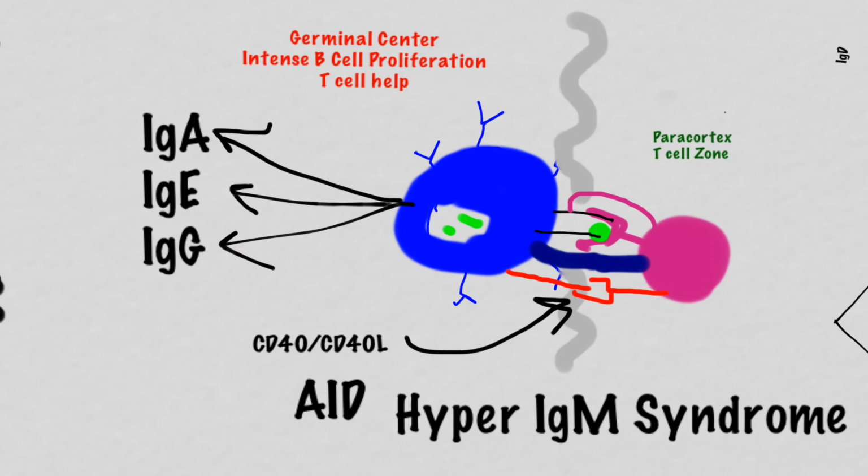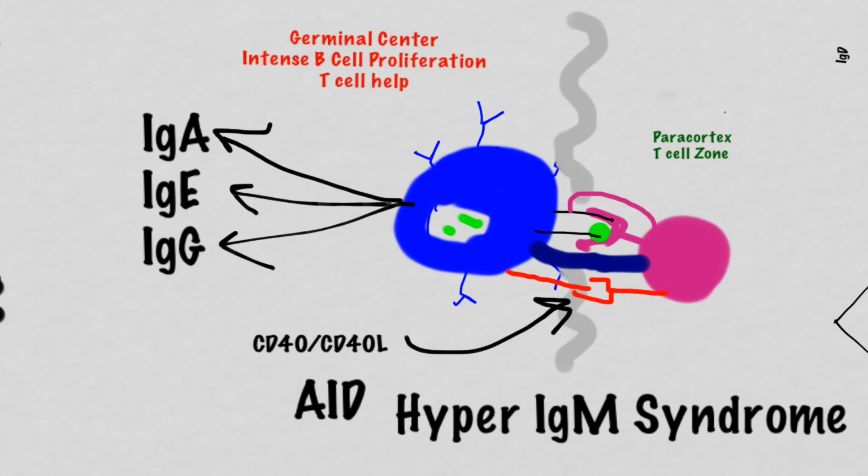expression. There are some patients who lack CD40 ligand expression on their T cells. These patients suffer from a rare disorder known as Hyper-IgM Syndrome. CD40 ligand is normally required for class switching and also the generation of memory B cells and generating the germinal center follicles where all of the proliferation of B cells takes place.